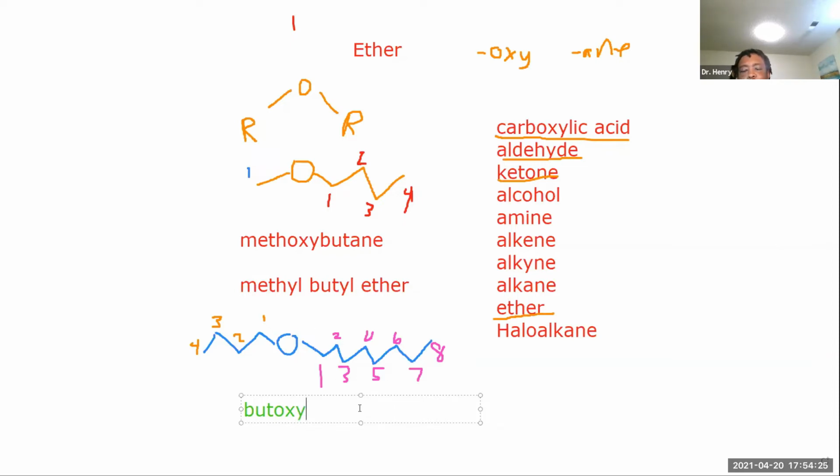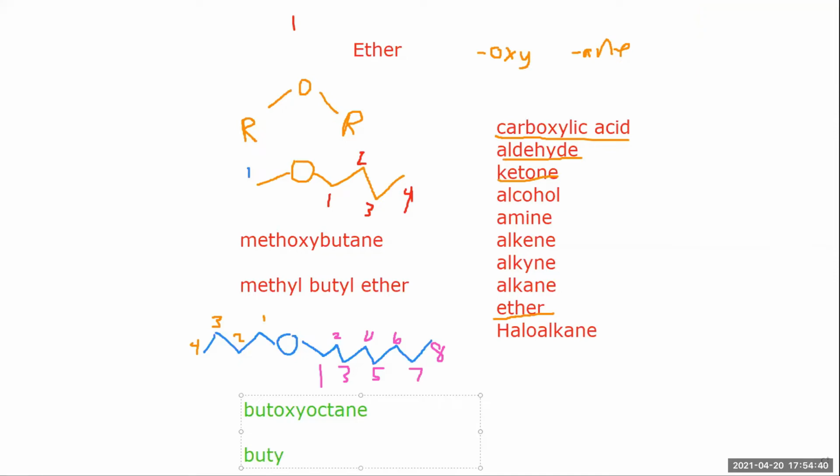You said it's 8. Somebody said it earlier. Octane. So that would be one way of naming it. Or butyl. And what would we call an 8 carbon? Octyl. Ether.